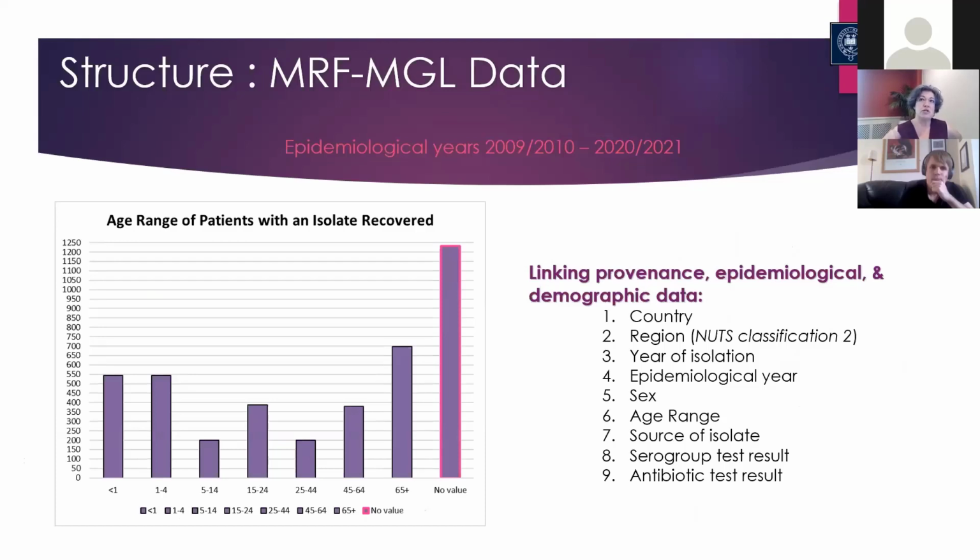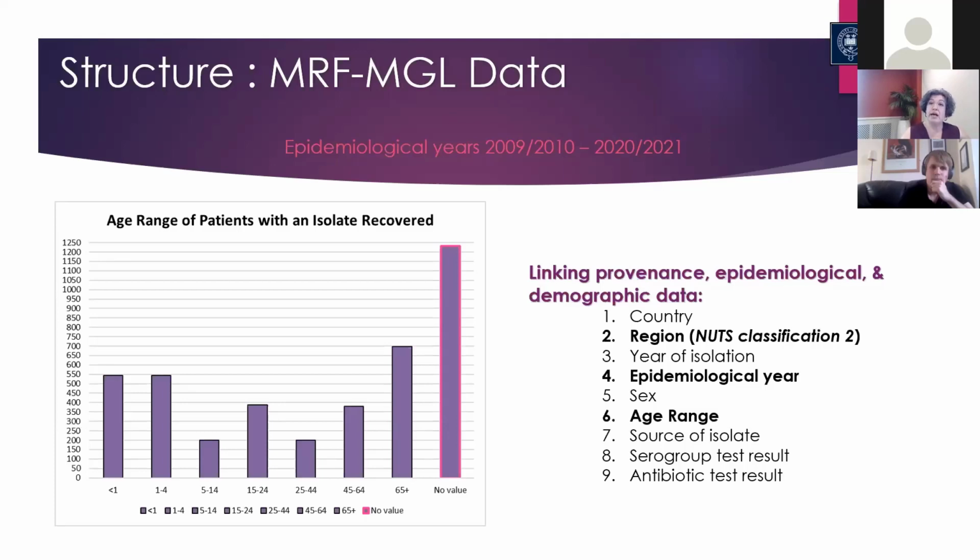And what this allows us to do is stratify the data in such a way that it brings those links that are more about the biology of the organism into matching with the phenotype. So it's this phenotype genotype link that we're looking to provide with some of this. So just as a quick example, and keeping in mind that we do have some data gaps here, the example I'm showing you here is age range, which we can then link to some of the genetic information that we have within the library itself.